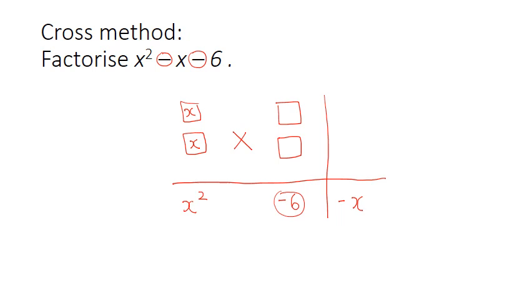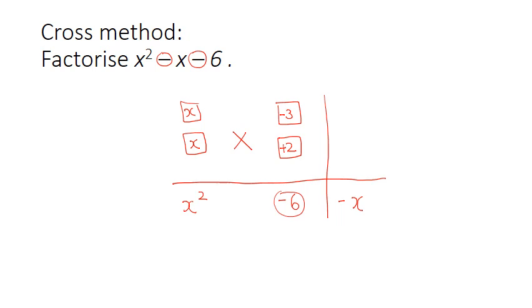So minus 6 can be, you can consider factors 3 and 2. However, to make it minus 6, it's either a minus 3 times a positive 2, or it could be a positive 3 times a negative 2.